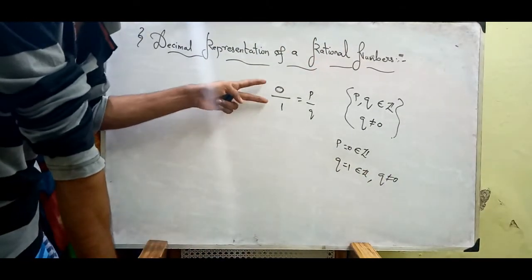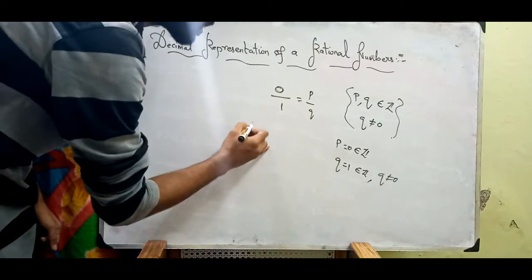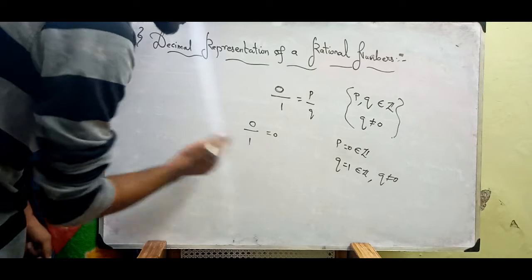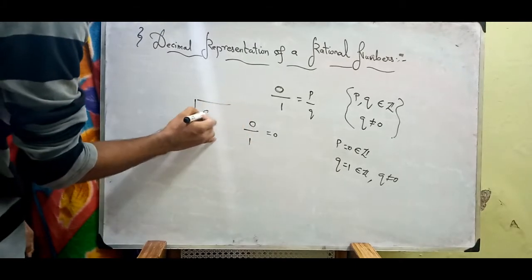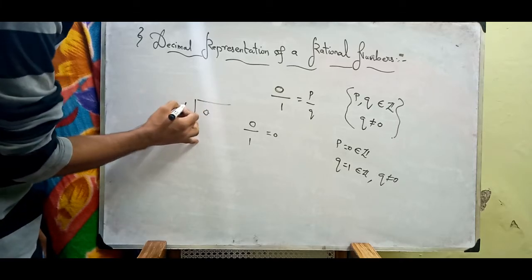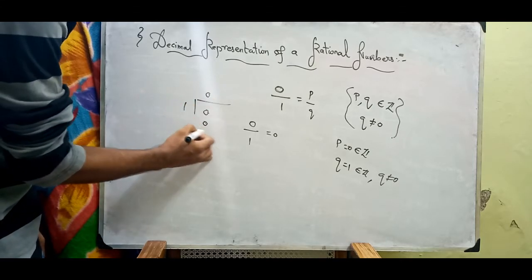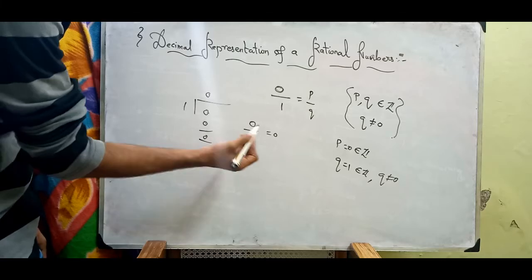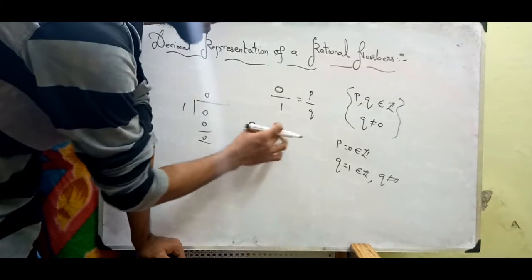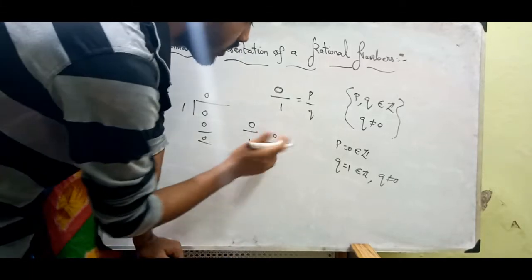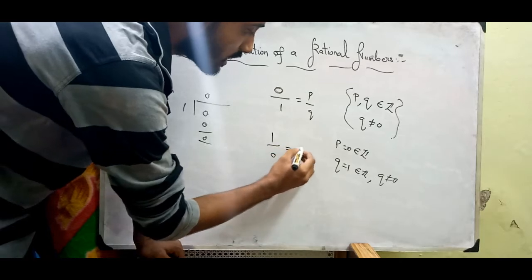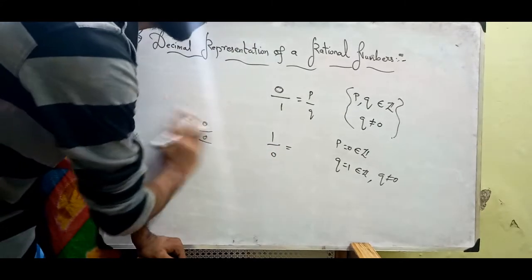So in this way we can apply it, as 0 divided by 1 is nothing but 0. This is obvious, because 1 times 0 will be 0, and 0 minus 0 is 0, so the remainder will be 0 and the quotient is 0. And if we take the reciprocal, 1 upon 0, this is invalid in mathematics.